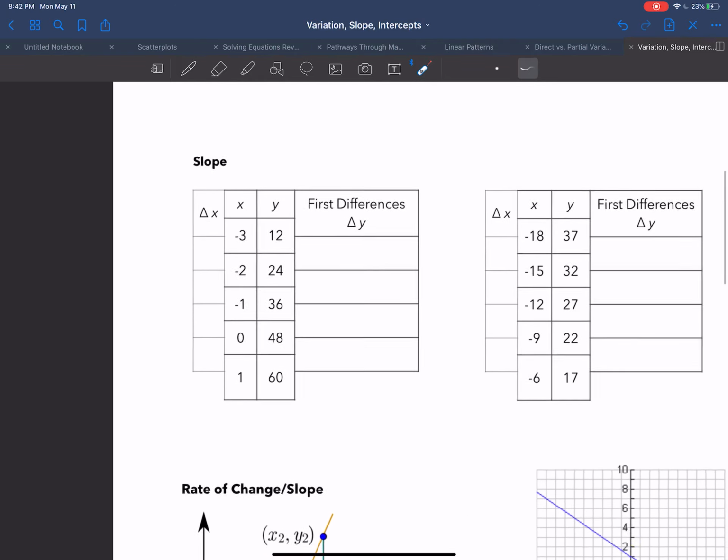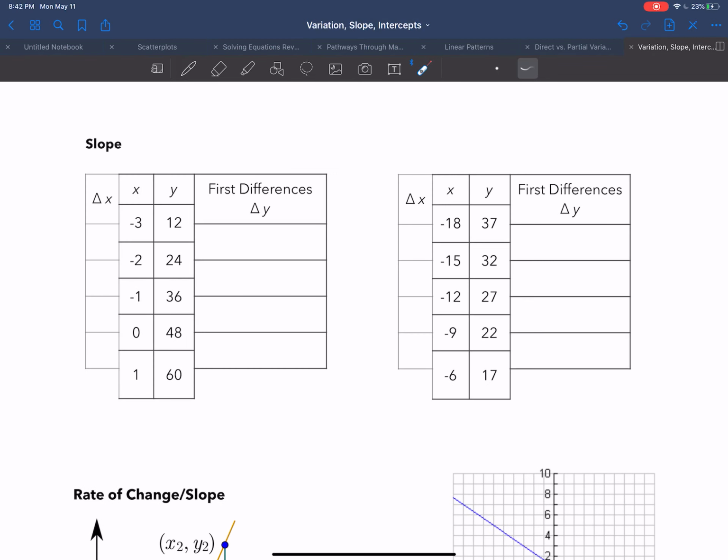Now we're talking about slope. Again, we've done this before, just reviewing it. Slope is the rate of change, your delta y over delta x. So we calculate our first differences, and first differences mean we see what it is going up or down by.